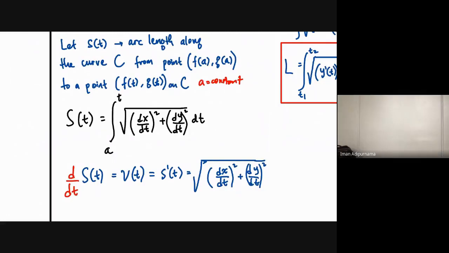This is t, right? If I write 2t, what will happen here? Multiply by 2. Remember? The chain rule. If you may be confused, go back to review your Calculus 1.